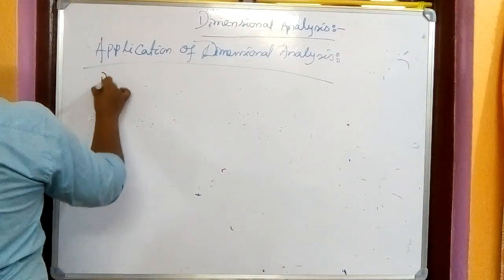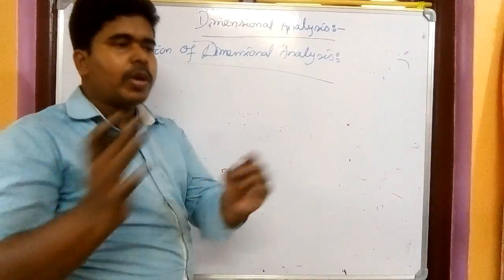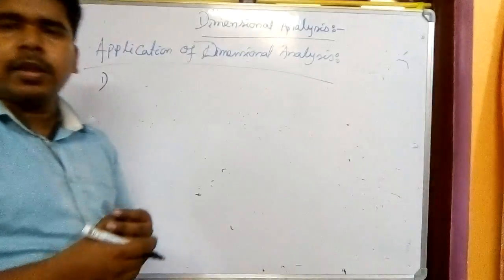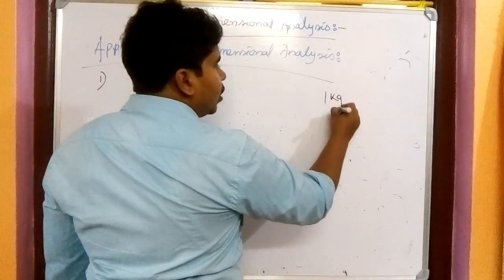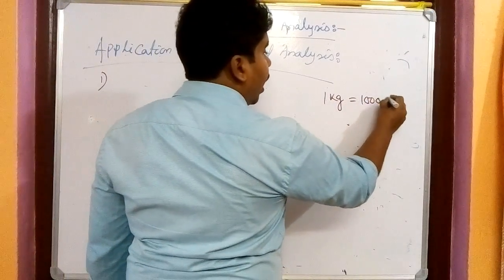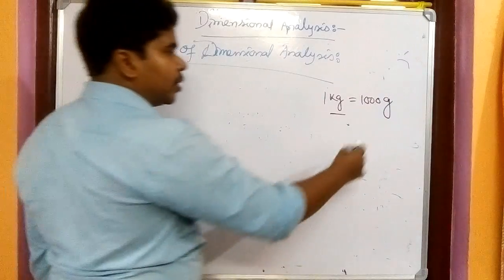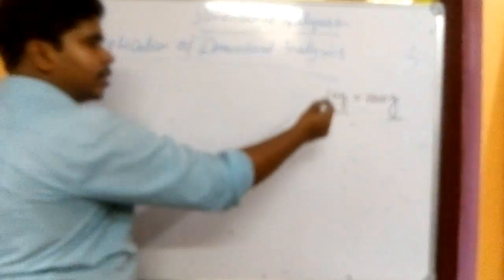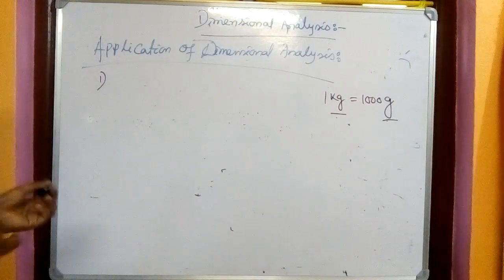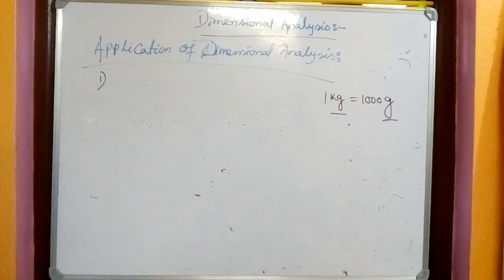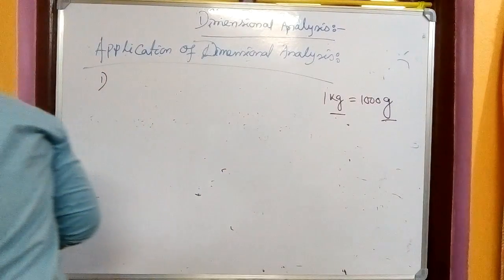Number 1, we need to convert one unit system to another unit system for a physical quantity. We have done that. Sometimes we find that 1 kg equals 1000 gram. Kg is in one unit system, gram is in another; it is SI, it is CGS. So to convert a physical quantity between different unit systems, we need to take the help of dimensional analysis.